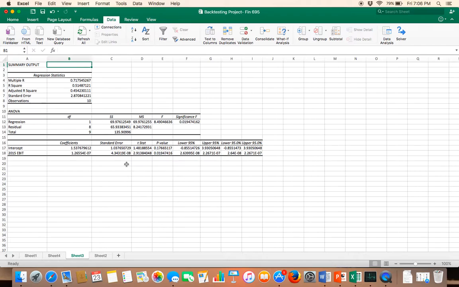So in conclusion, based on the data analysis, the regression test that was done, my hypothesis, which stated that a company's earnings before interest and taxes would affect the earnings per share of the companies, the regression test proves that that hypothesis is correct.